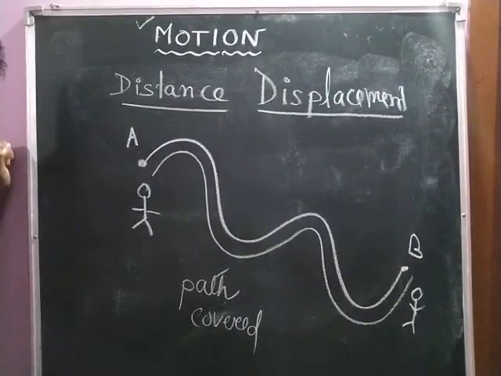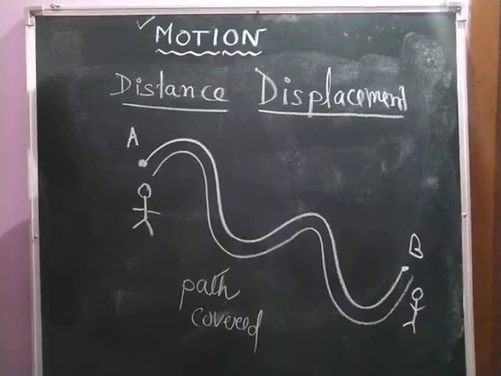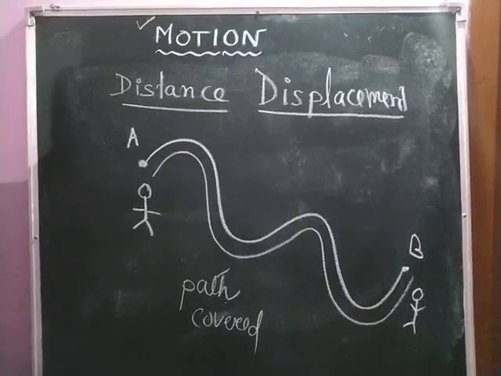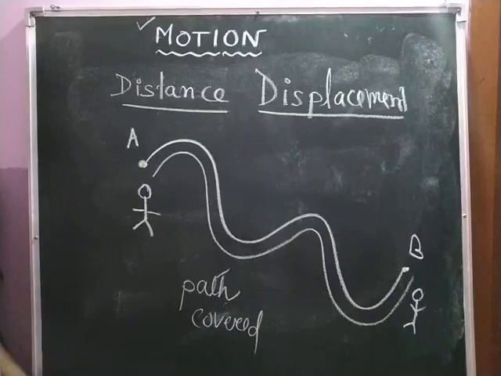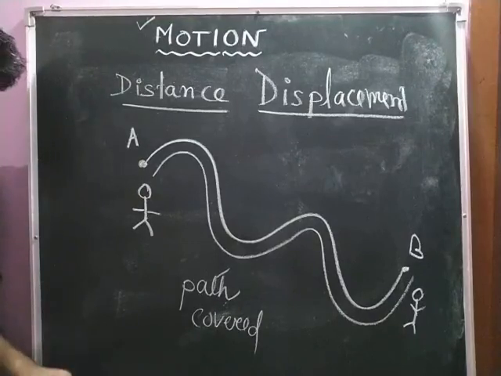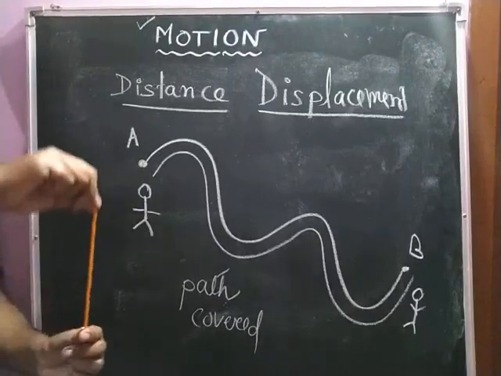Think of this. How will you find out? To calculate this distance, obviously we need some measuring tape or some measuring device. Here I have a small piece of measuring device.